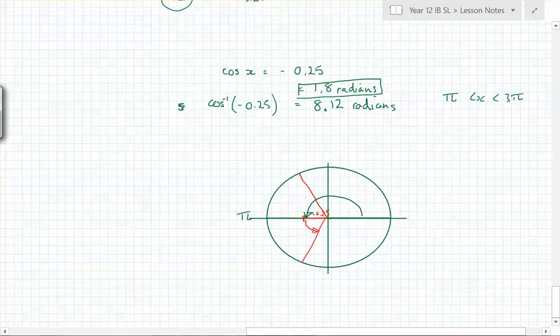So what's this angle? So we were at 1.8 radians. Which angle would that have been? That would have been here, wouldn't it? So that's 1.8 radians. So how do I work out what that one would be?